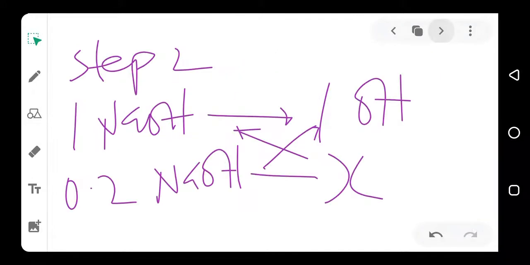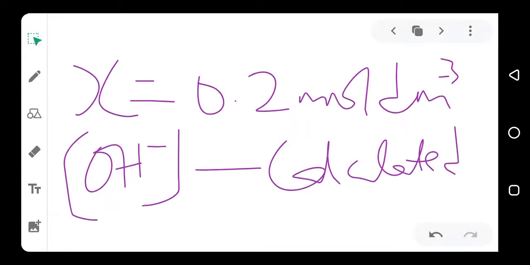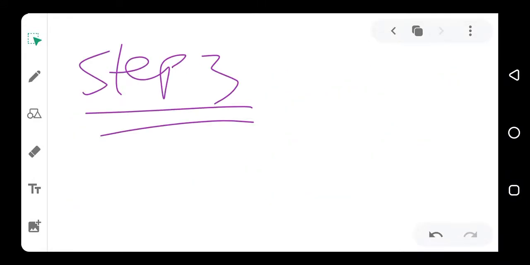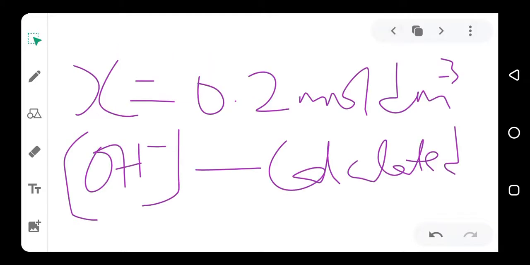So that should be our step 3. In step 3, because this is a base, we cannot get the pH directly. It is the pOH that we can get. So we use the concentration of the OH ion to calculate the pOH.